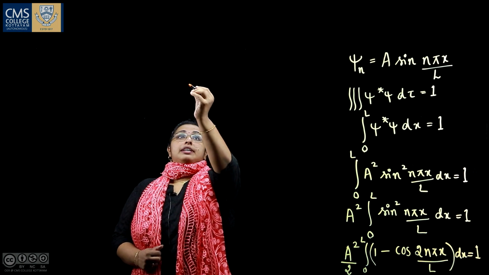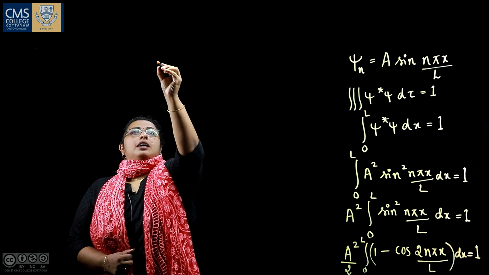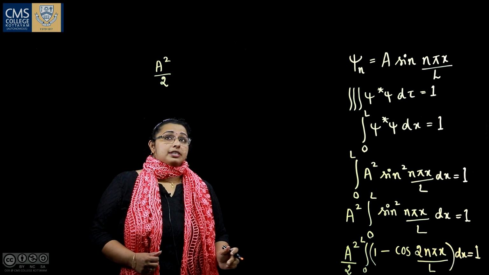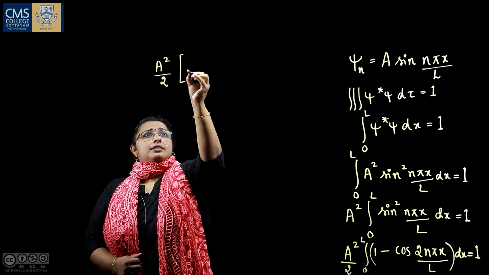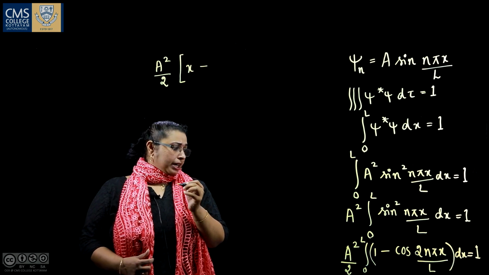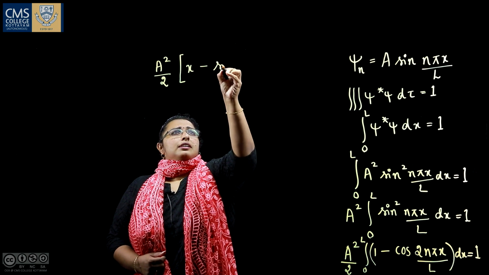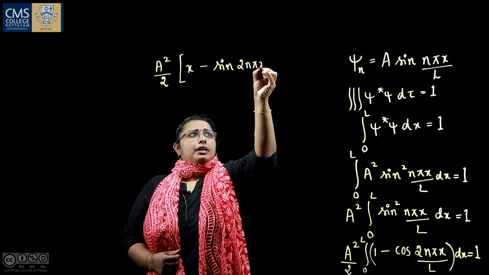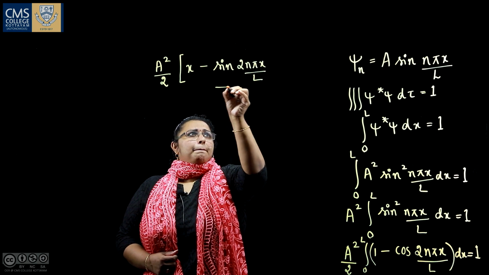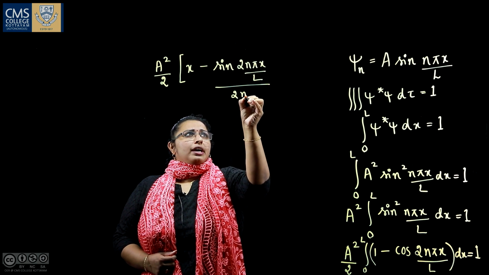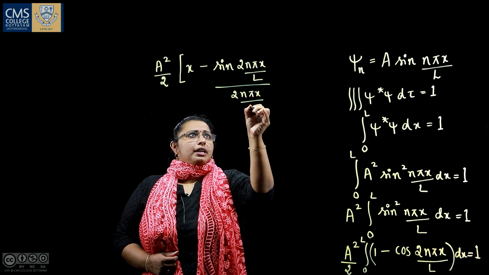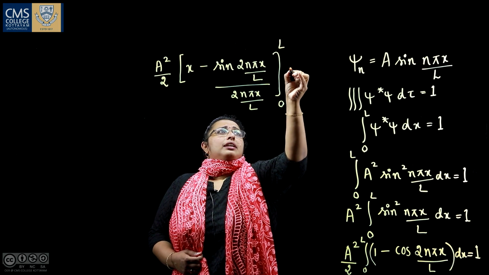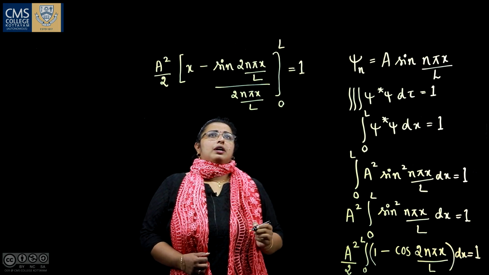So we will get A square by 2. On integrating, you will get x minus sine 2 n pi x divided by L, by 2 n pi divided by L, with the limits 0 to L. This will be equal to 1.